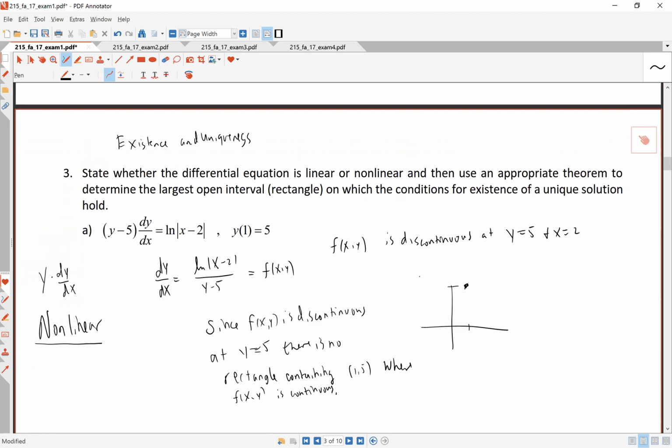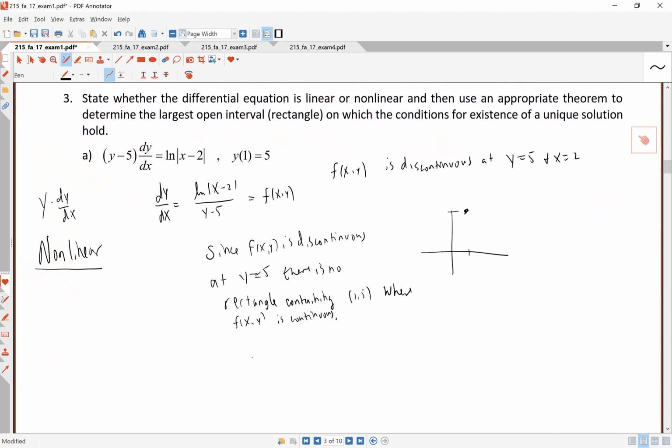So the existence and uniqueness theorem doesn't hold here. We can't guarantee existence and uniqueness because of that.